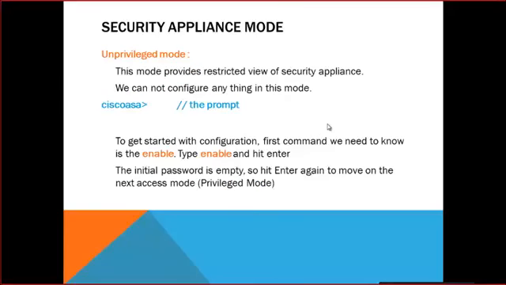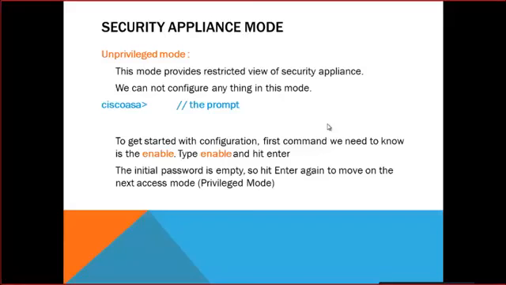The next mode that we see is the unprivileged mode. This is also called user mode, where you can do very minimal show commands, very basic verification. It won't provide you much information from here.